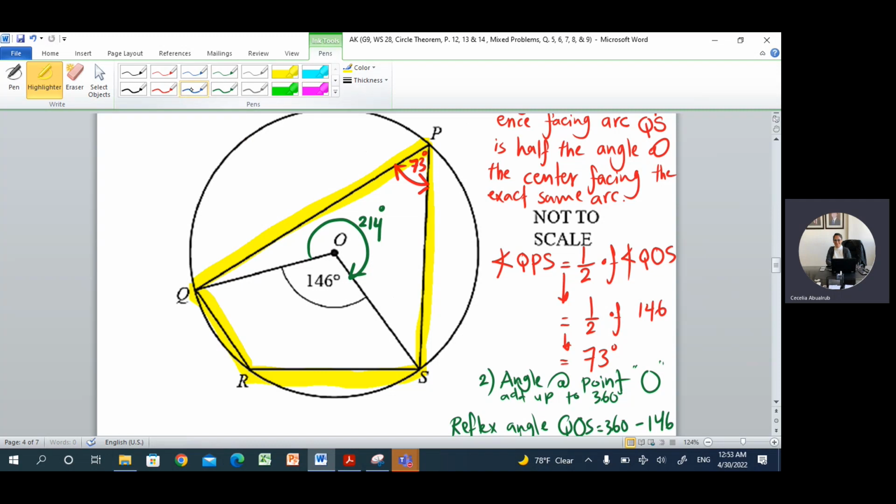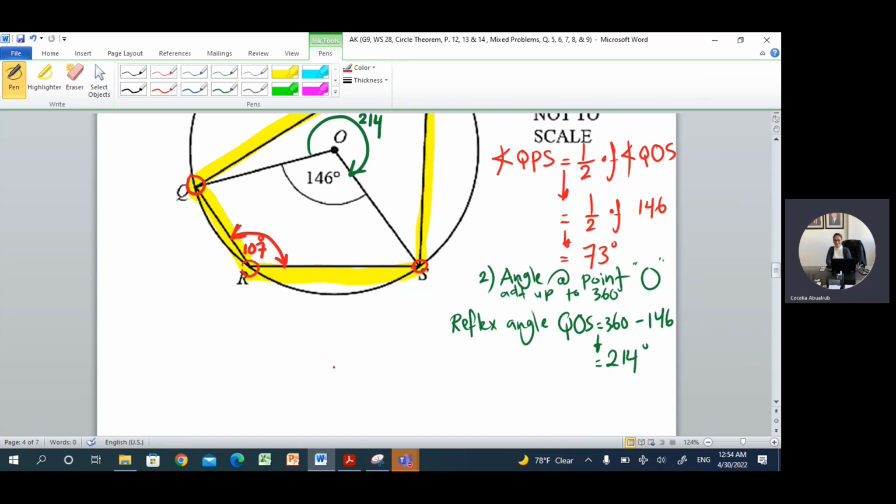And as you can see, all the points of this cyclic quadrilateral are at the circumference of the circle. So accordingly, we can find this angle here. Opposite angles in a cyclic quadrilateral add up to 180. So we can find this angle by subtracting 73 from 180, and the answer will be 107 degrees for this angle. And we can write this step down.